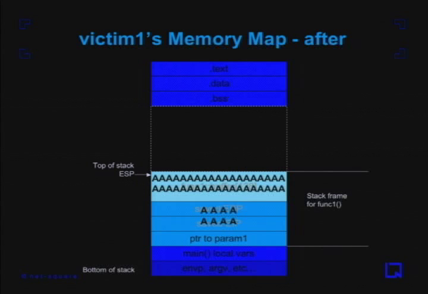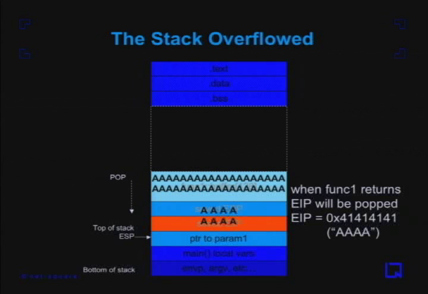Does it mean at this point we have control of EIP? No. When do we get control of EIP? When the function returns. Supposing you did this and the function never returned, you still don't get any love back. Only when the function returns is the copy of the saved EIP popped off, and what gets loaded into the actual EIP is what you overwrote it with. So this is your overflow situation in a nutshell.